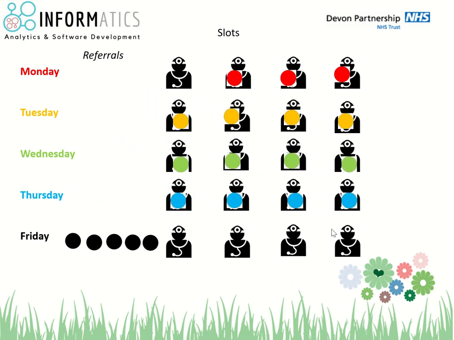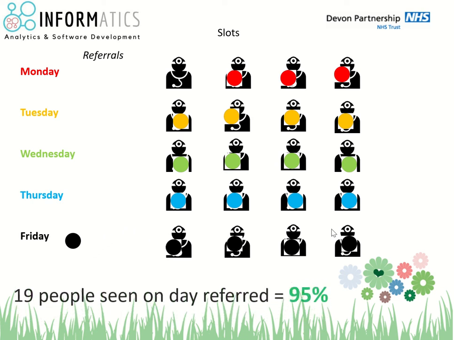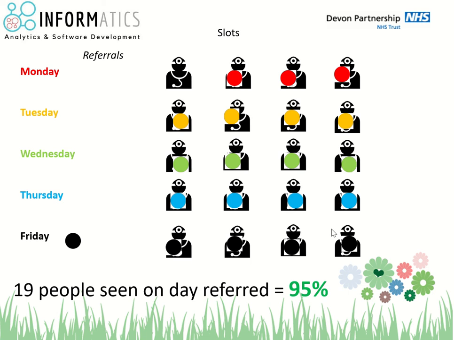These all leap over to their slots. And then Friday, that one goes there. That one goes there. That one goes there. And then by the end of the week, actually, 19 people were seen on the day they referred. So we've hit target, which is fantastic. However, hopefully the astute of you will notice the elephant in the room.